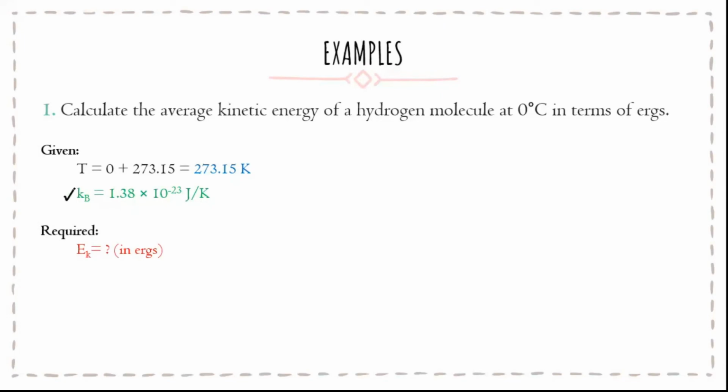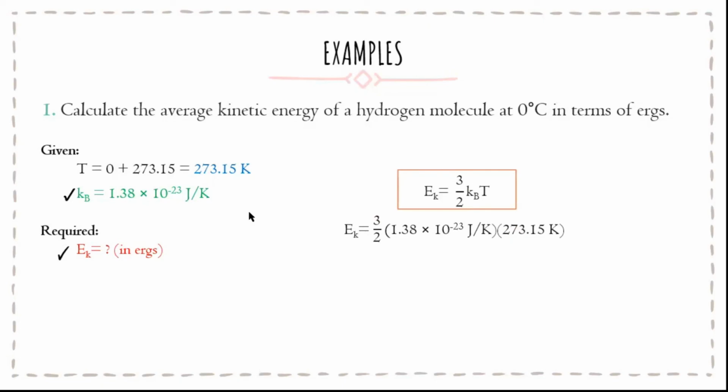Boltzmann constant is found nandiyan sa calculator mo lang din. But you can memorize it if you want. So 1.38 times 10 raised to negative 23 joules per Kelvin. So we are required to calculate for the average kinetic energy, EK, or translational kinetic energy, in terms of ergs.